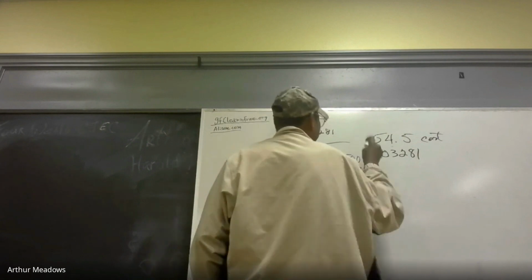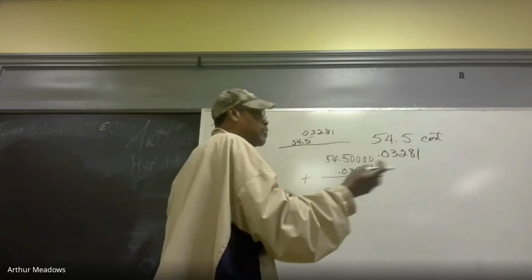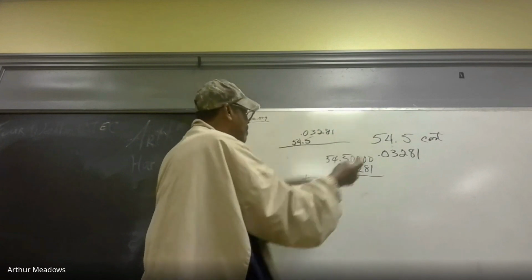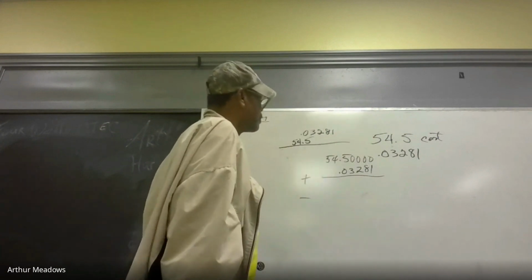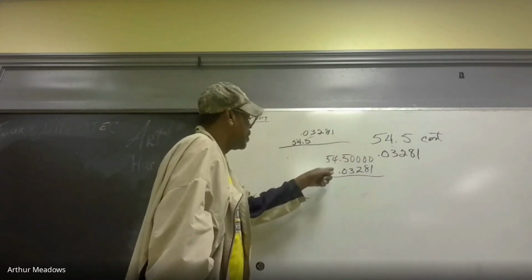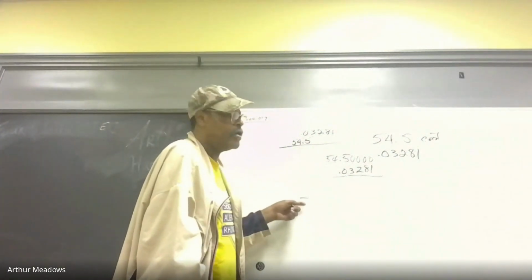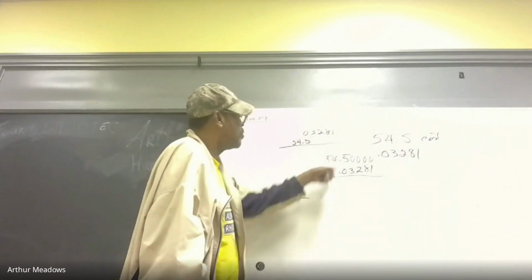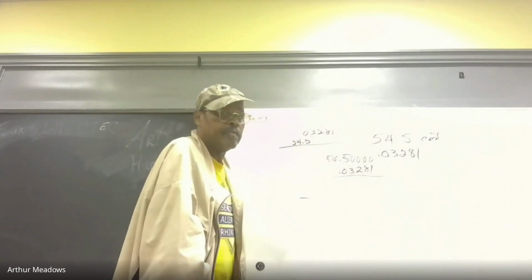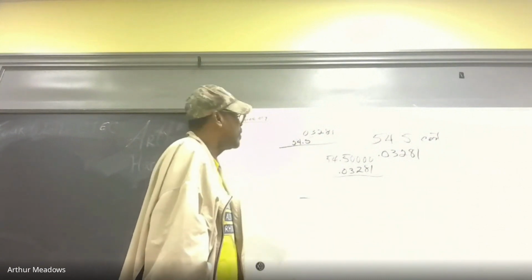Take that and that, and so forth and so on until I come up with my answer. That's addition and subtraction. That's when you line your decimals up.